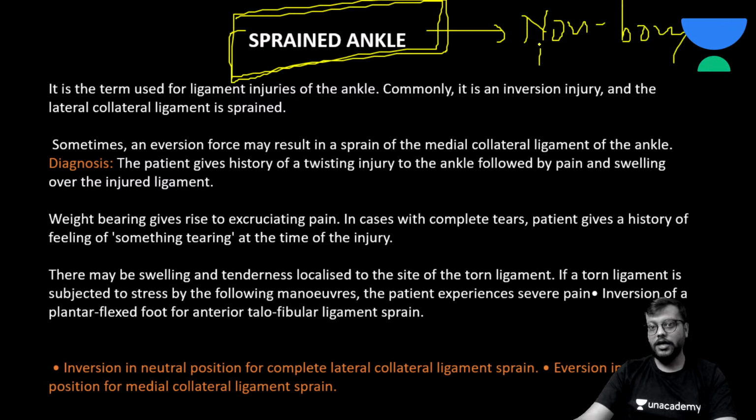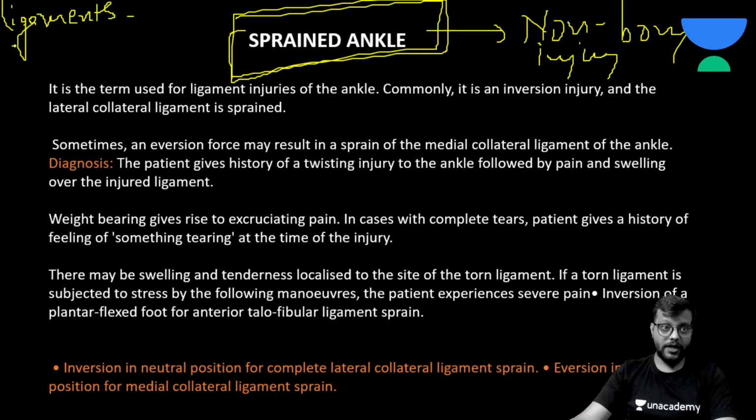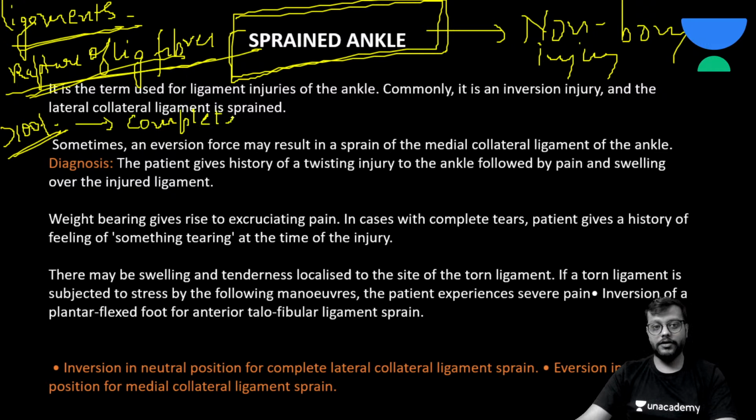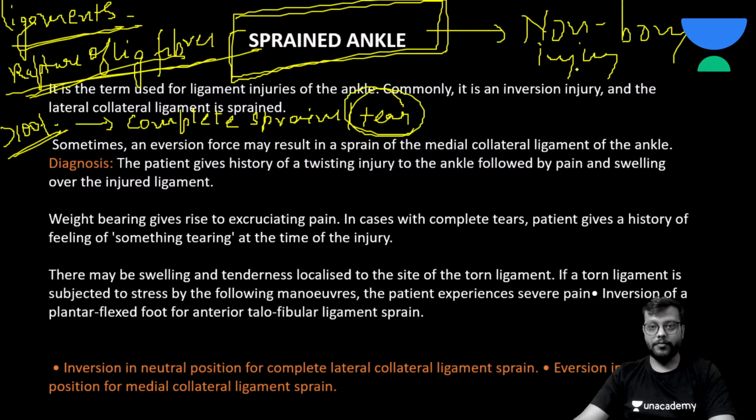It is an injury to the ligaments of the ankle, and sprain is basically rupture of ligament fibers, and if 100% fibers are ruptured, it is called as complete sprain or a tear. Okay, remember this thing.